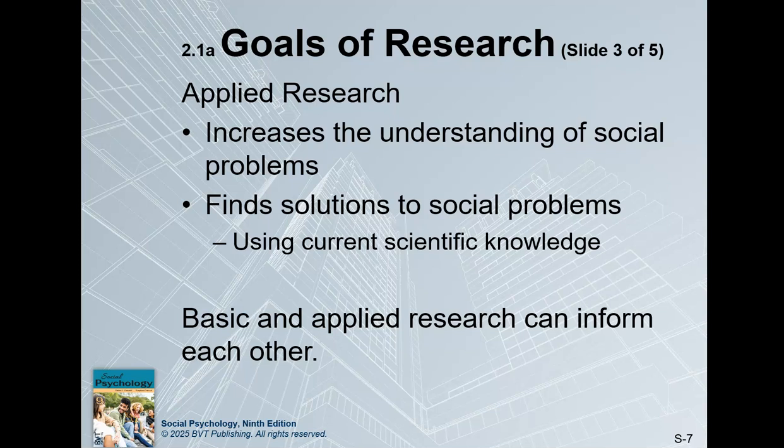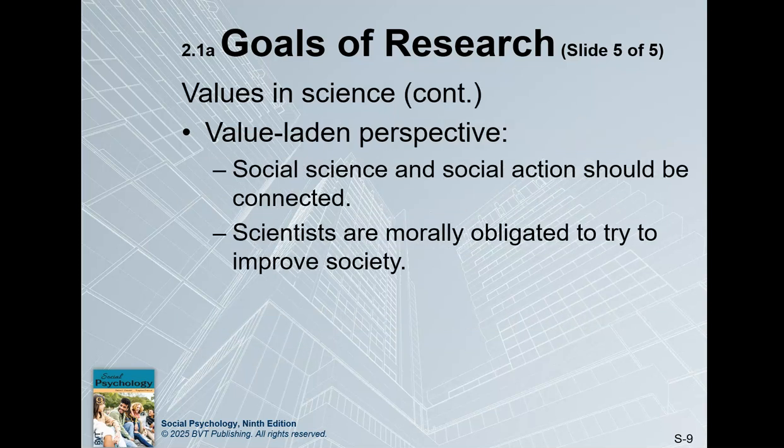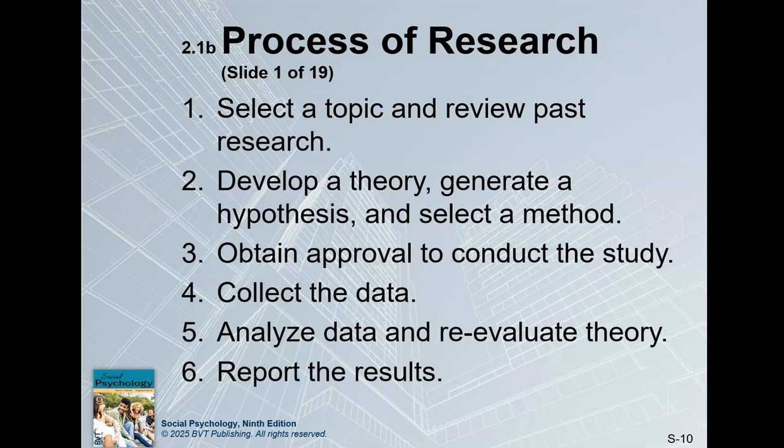We'll skip a slide here. Okay, so what is the process of research? Number 1, select a topic. So the researcher selects a topic of interest and reviews the past research.